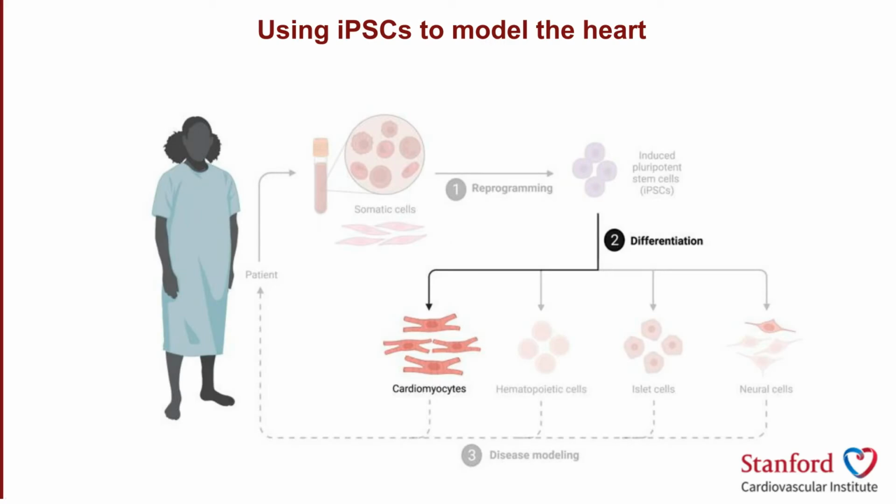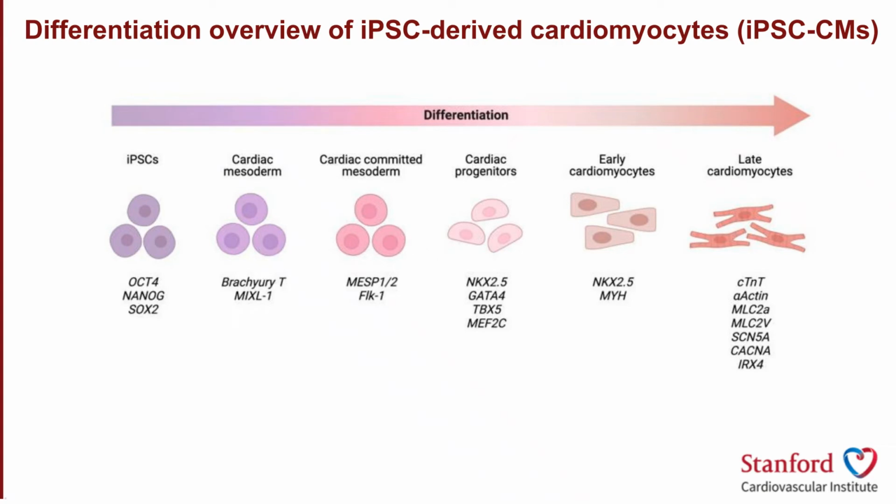Once we have functional iPSC lines, we then differentiate them into cardiac cell types. For today's talk, I'll focus mostly on iPS-derived cardiomyocytes. iPSCs first become committed mesoderm before becoming cardiac progenitors and then early cardiomyocytes.